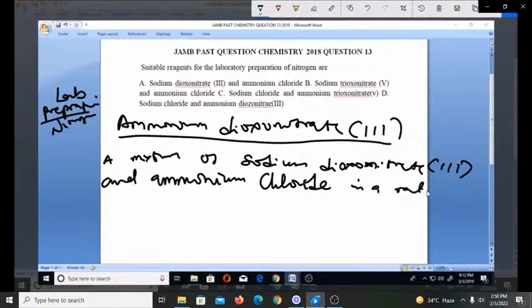And this mixture is actually done in the ratio of 7 to 5.